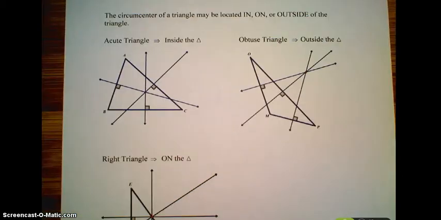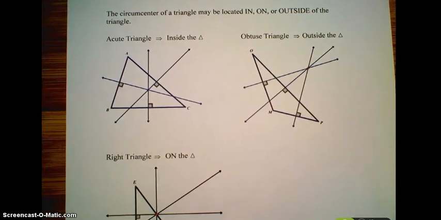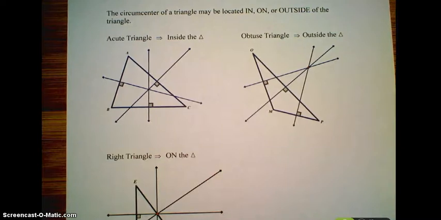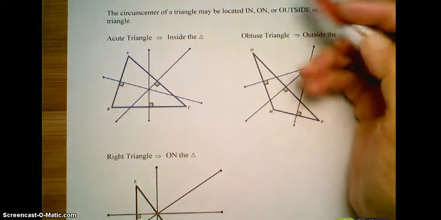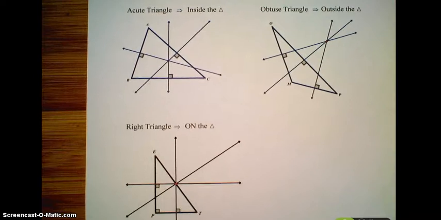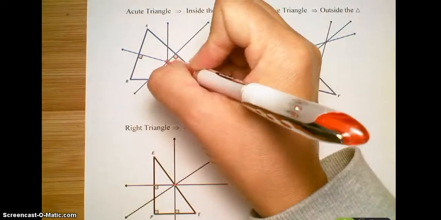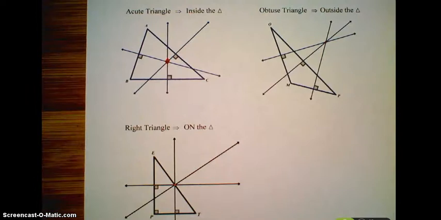Okay, on page 3, we have some pictures of different types of triangles and the circumcenter in each of those triangles. So, depending on the type of triangle, the location of the circumcenter changes. It can be in, on, or outside the triangle. So, in the 3 pictures we have below, you can see in the acute triangle, your circumcenter is inside the triangle.